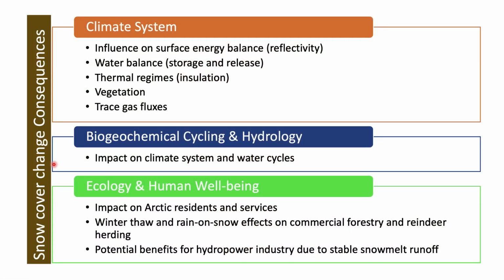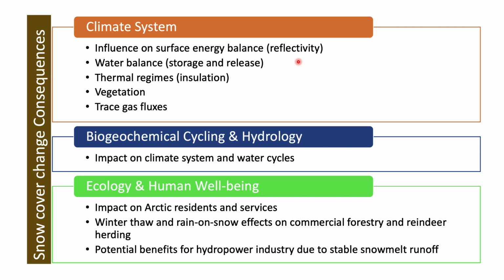When there is a snow cover change, what are the consequences? That means when there is a change in the cryosphere in the Arctic region, what does it lead to? That's what we are going to see. It is going to change the climate system. So how does it affect the climate system? It influences the surface energy balance. When there is more ice, the albedo is higher, meaning more of the sunlight is reflected.